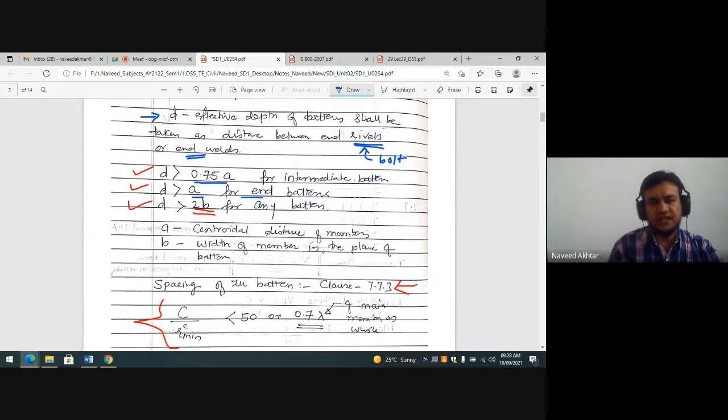The depth of the intermediate batten d should be greater than 0.75 times a, and d is greater than a for the end battens. d should be greater than 2b for any batten.